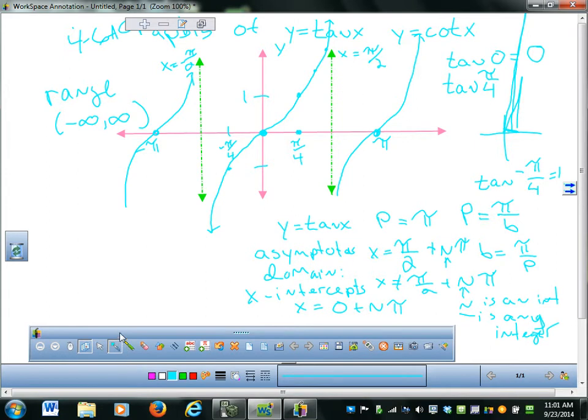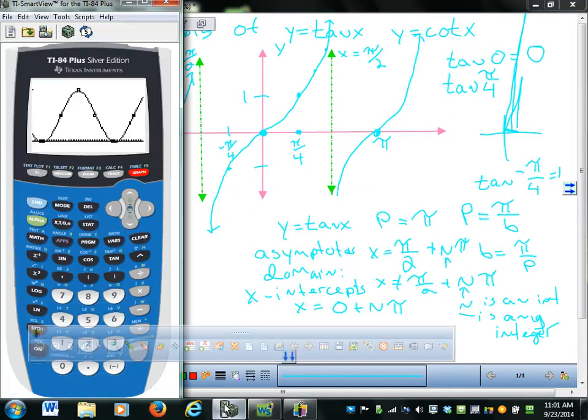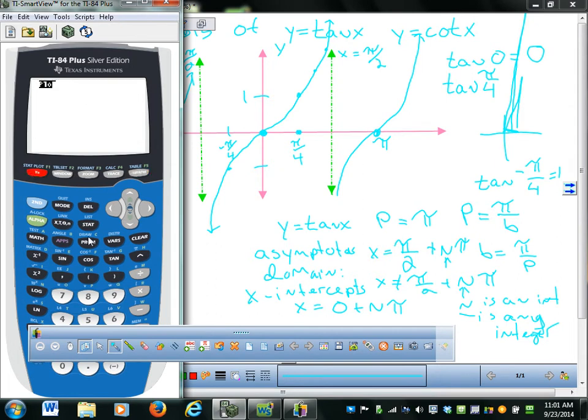Questions about tangent? And the other thing, on your calculator, if you graph y equals tangent of x, let's just do it. Clear, y equals tangent of x.